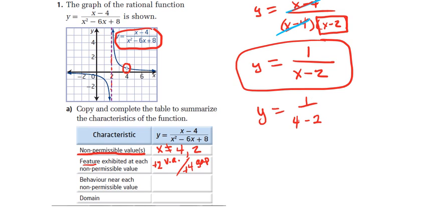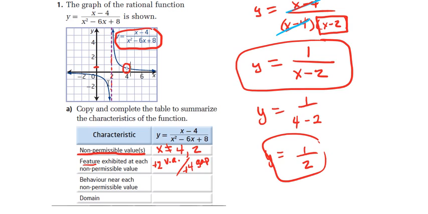If you simply plug 4 in there, that is the value that this graph is going to approach. That is the limit of that function, coming really, really close to this x value of 4. So in the simplified version, if you plug 4 in, you get what? 1/2. Guess what? Y equals 1/2 is the y value that this graph approaches.